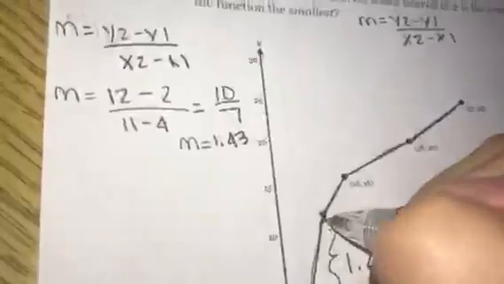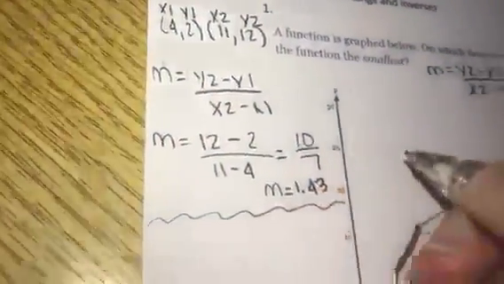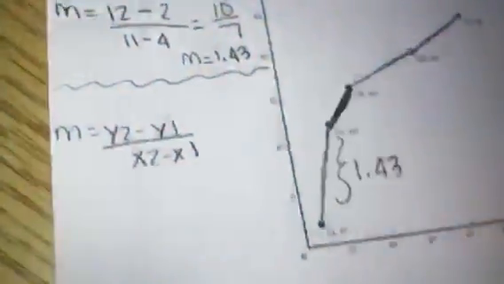So let's do from 11, 12 to 18, 16. m equals y2 minus y1 over x2 minus x1. Our first point is 11, 12, then our second point, 18, 16. So x1, y1, x2, y2.